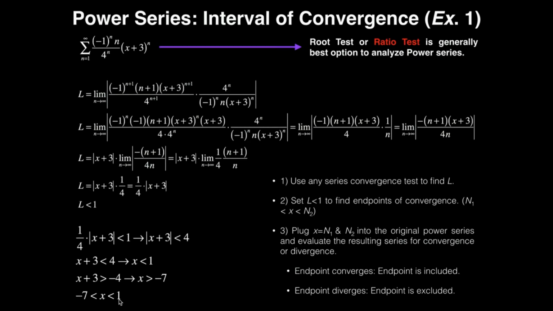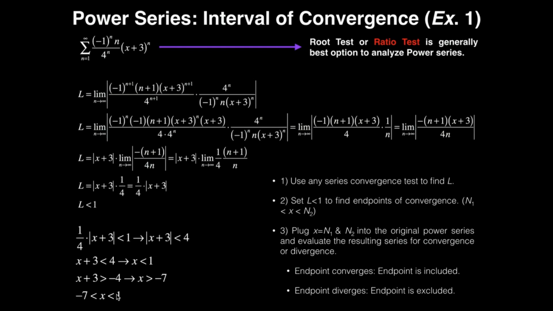Alright? Now, before we go any further, one thing I just want to remind you that's very important when you're actually doing the ratio or root test, which is generally what you're going to do, is remember when you pull the x component out of the limit, it's very important to keep those absolute value signs, which you can now see down here where we actually determine what the endpoints are. Now, what do we have so far?